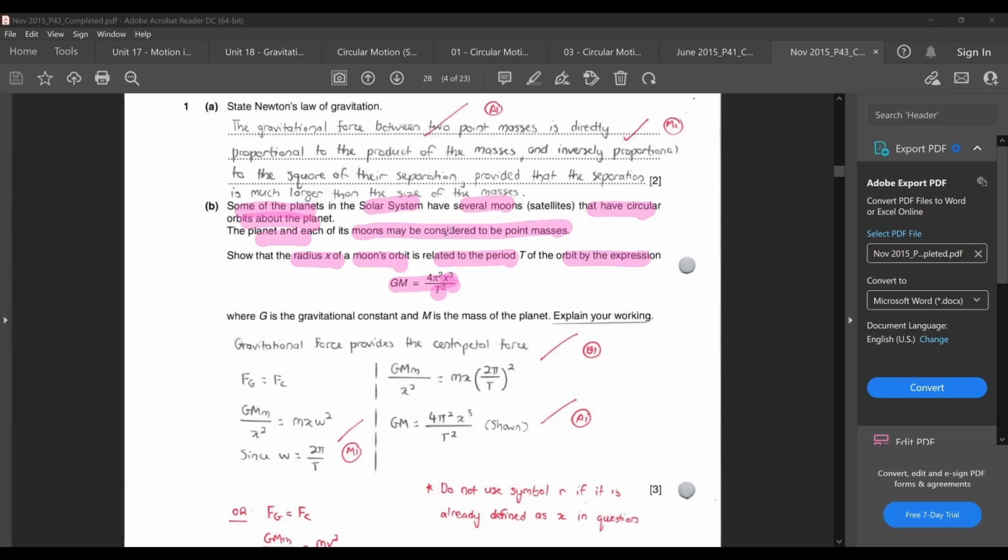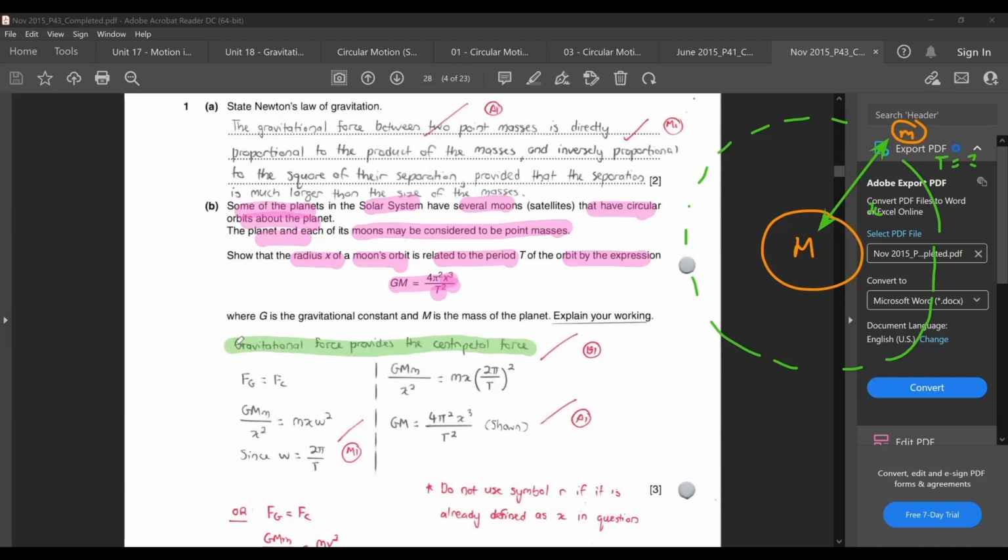So here you can actually say that if you have a planet with mass capital M and its moon with small m that's orbiting around it, your radius is x, your period is t, you would just have to say that gravitational force provides the centripetal force.